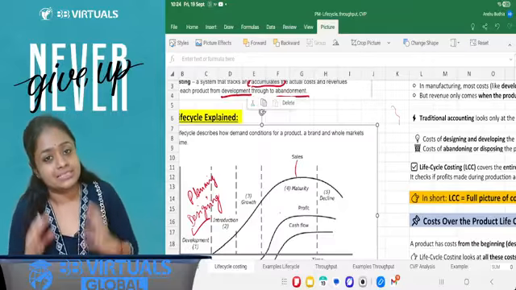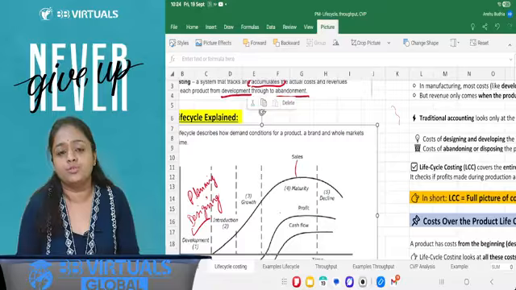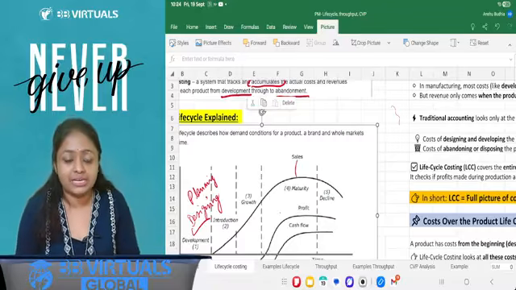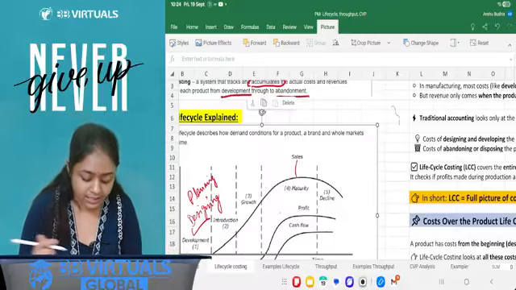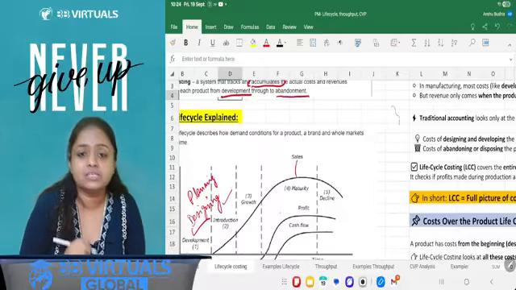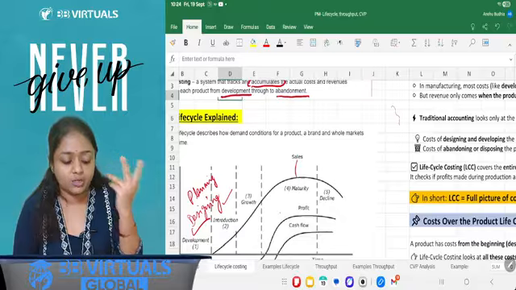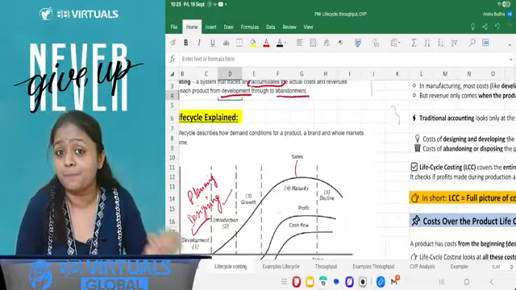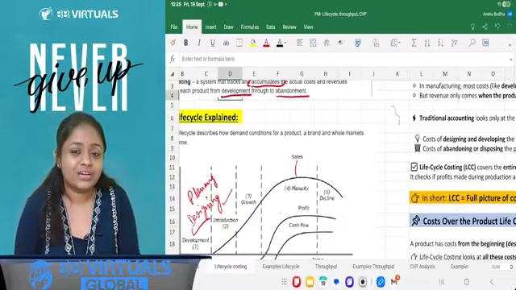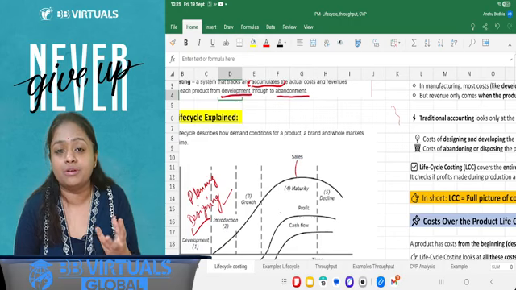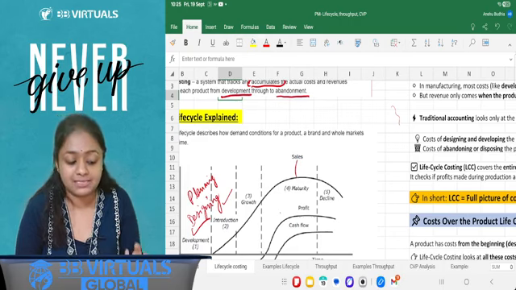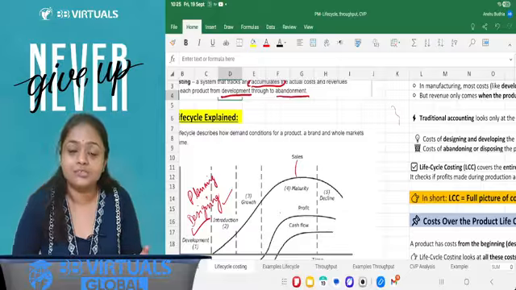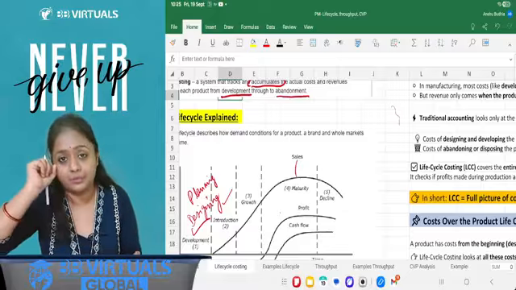Finally, when the product is developed, now what will you do? You will start with the production, right? You will introduce the product to the market. So second step is introducing the product to the market. Now there are two ways in which you can introduce the product in the market when it talks about pricing, right? First is either we would try to enter the market at a lower price so that we can grab the maximum share of the market.